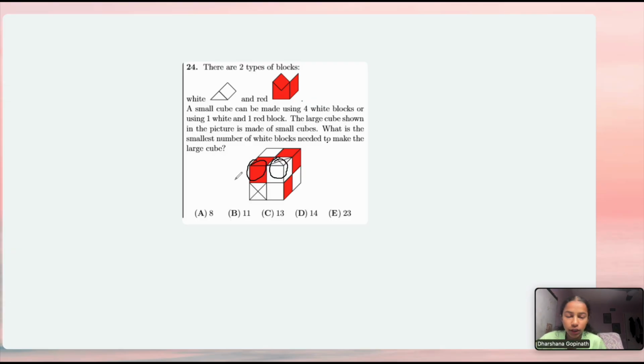To get the smallest number of white blocks, the remaining 6 cubes should use only 1 white block each. Therefore, the smallest number of white blocks is 6 plus 4 plus 4, which is equal to 14. So the answer is option D, 14.